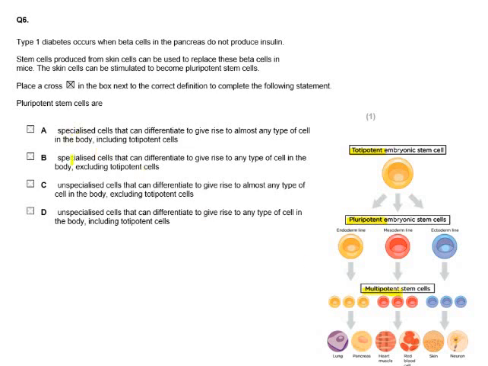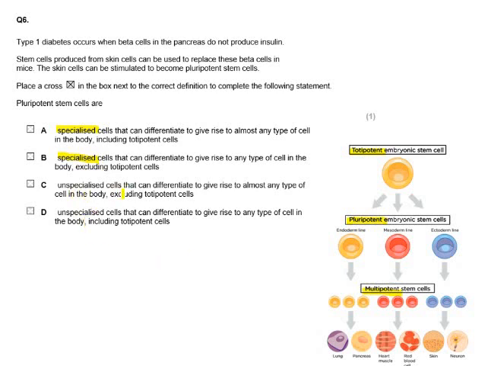The first two answers begin with the word specialized. Now, already we know that pluripotent stem cells are not specialized. They do not have a particular function in the body other than differentiating into other cell types. So they are still undifferentiated. A lot of genes are still switched on. So we know that those two cannot be true.